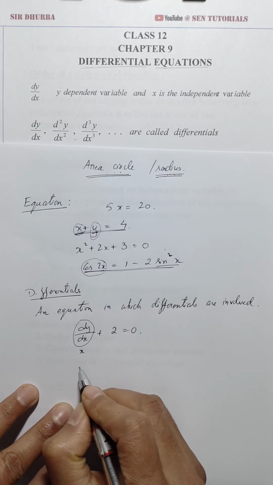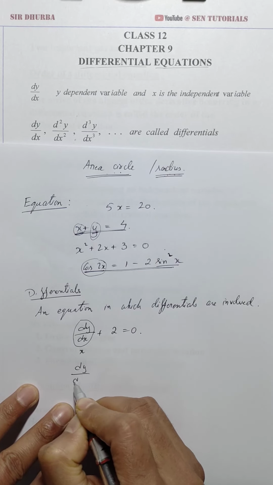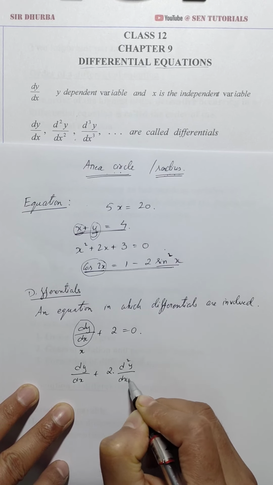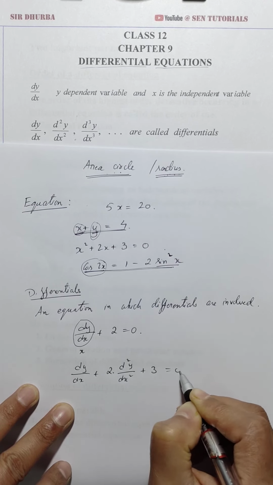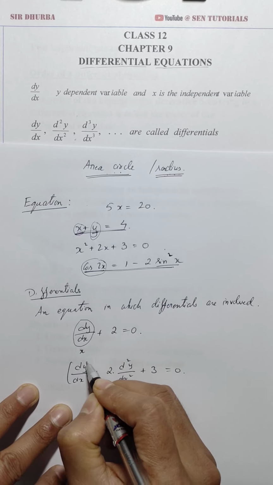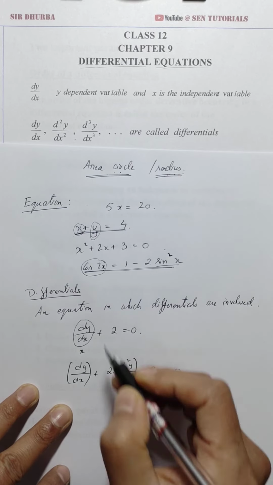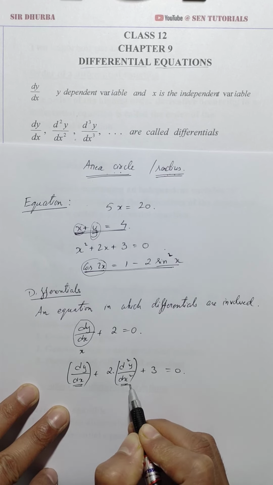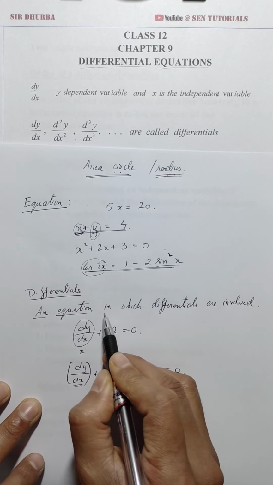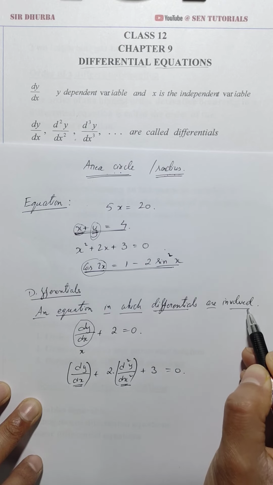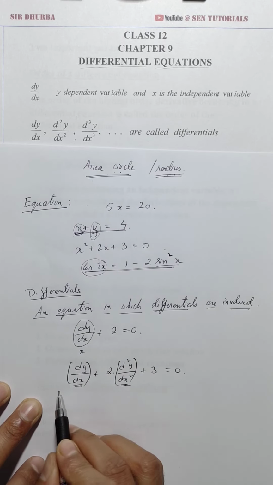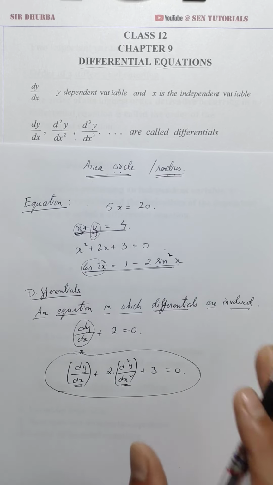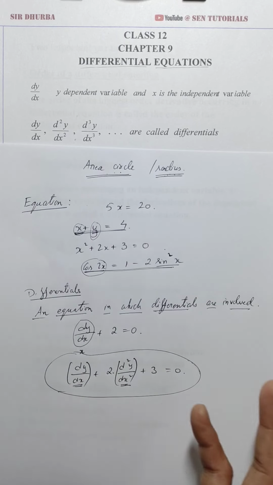Sometimes even dy by dx plus twice of d square y by dx square plus 3 equal to 0. So here we can see that there are differentials involved instead of the variables. That's why an equation in which differentials are involved is known as a differential equation. So if you can just get that feel that we are not going to be doing something very different.